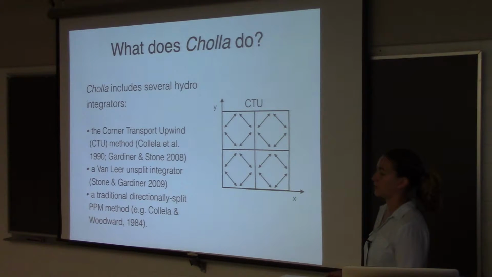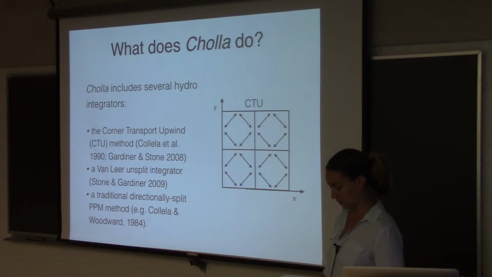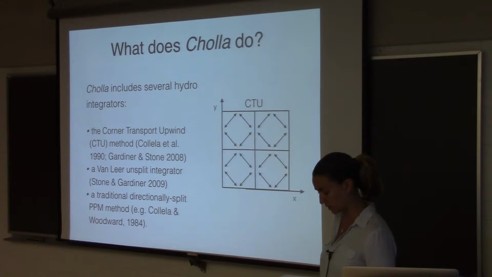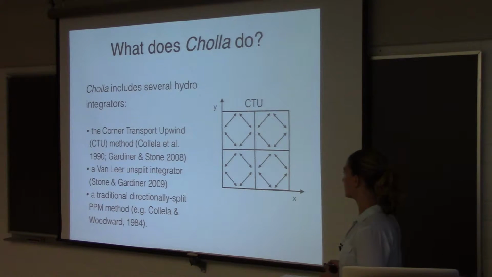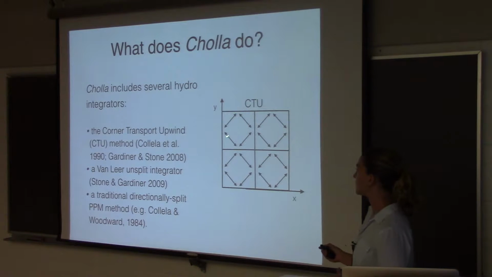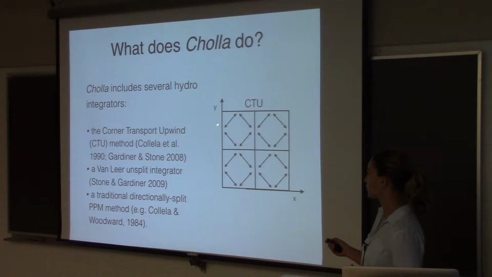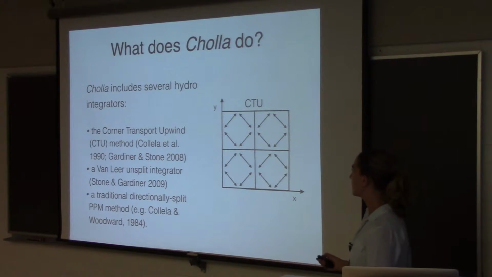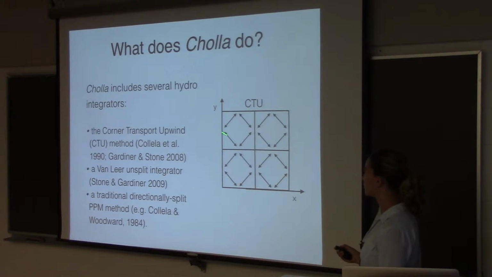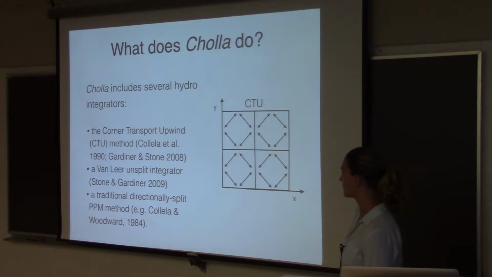And then the actual integrator that you use can vary. In the corner transport upwind method, for example, you may want to use information from transverse fluxes to update in another dimension to get out of your one-dimensional problem and try to improve the accuracy or decrease the diffusiveness of your method.